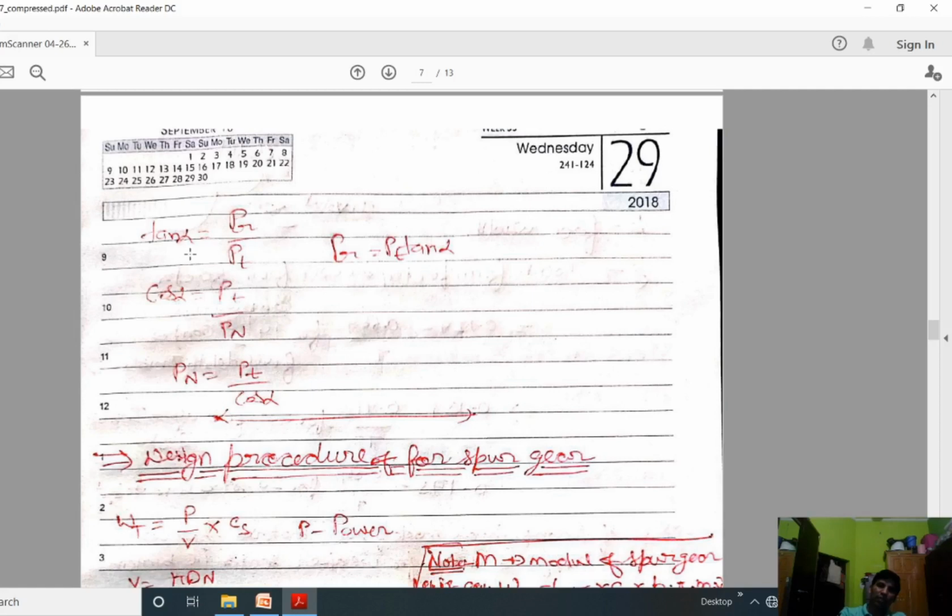Tangent is equal to perpendicular divided by base. Similarly, cos is equal to base upon hypotenuse. So from here we can easily find out these values if we know the angle.